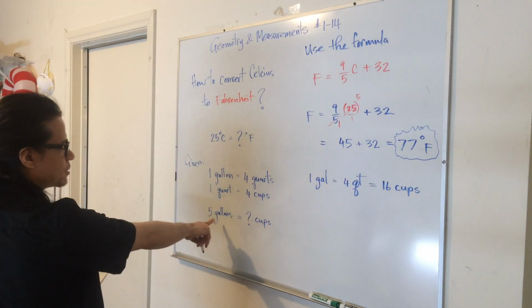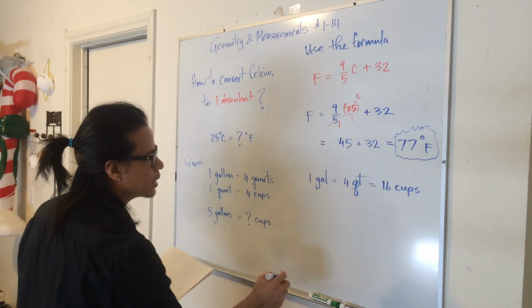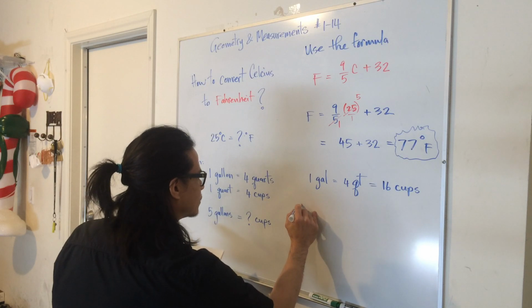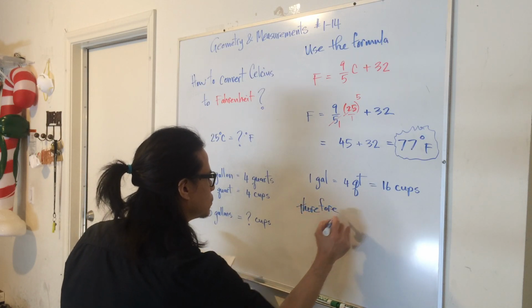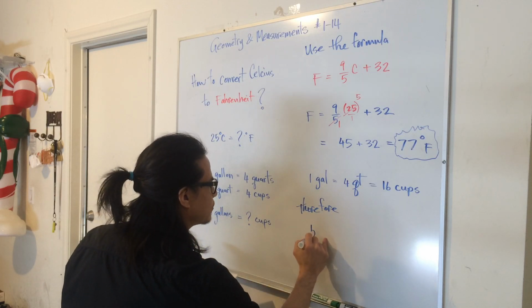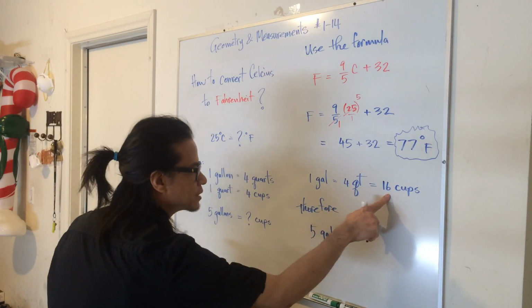So the question is asking 5 gallons, how many cups? If 1 gallon is 16 cups, then 5 gallons is equal to 16 times 5.